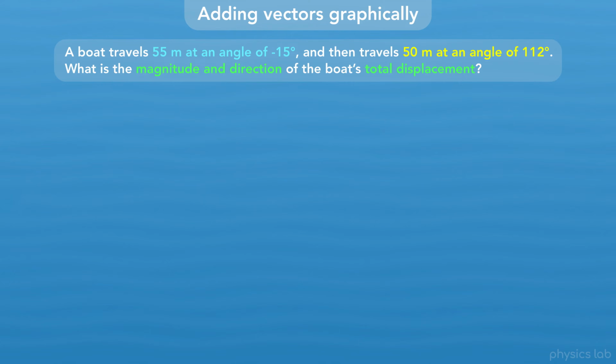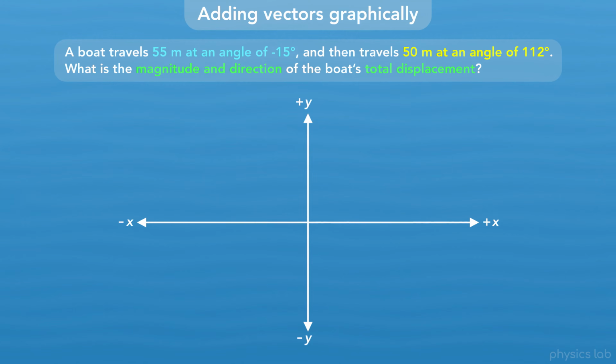It usually helps to draw the x and y axes so we can figure out the angle of the vector. The first vector has a magnitude of 55 meters and an angle of negative 15 degrees. So starting at the origin, we draw a vector that's 55 meters long, and negative 15 degrees means the angle is 15 degrees clockwise from the positive x-axis.